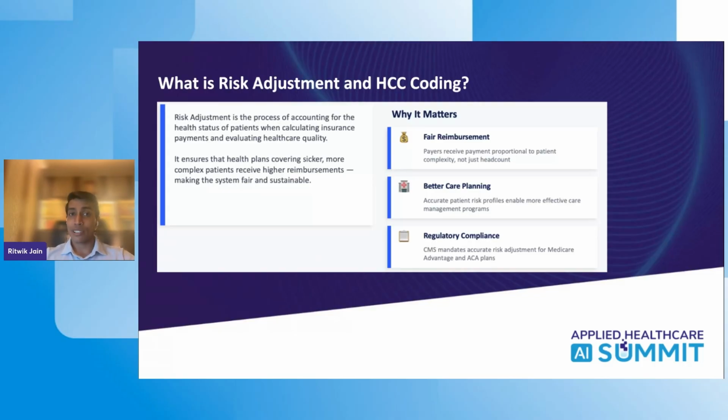If the physician doesn't document it in the visit, or the coder misses it retrospectively, it doesn't get captured. And when conditions go uncaptured, health plans lose reimbursement they are rightfully owed, and patients may not get the care management and attention that they need, which creates care gaps. Between what should be coded and what actually gets coded is where the opportunity lies, especially for artificial intelligence. And that's exactly what we do at Martlet AI.